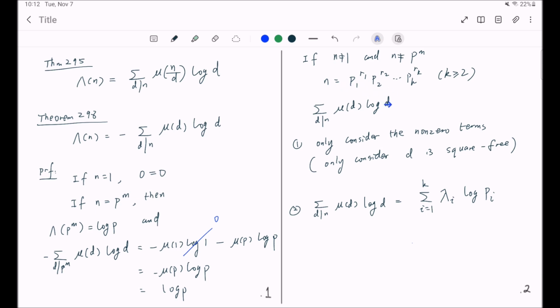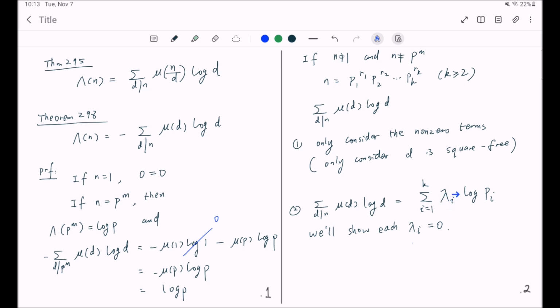And when you break down that product, you will see the sum will eventually become the summation like this. For each log of p sub i, there's a complicated coefficient in front of it. And our goal is to show that each lambda sub i is equal to 0. And thus finishes the proof.